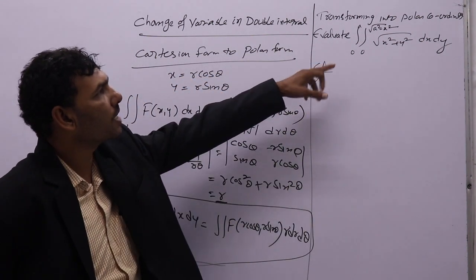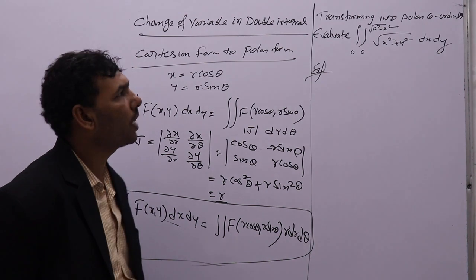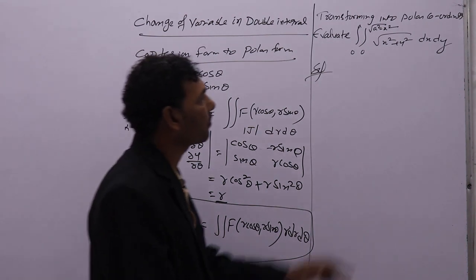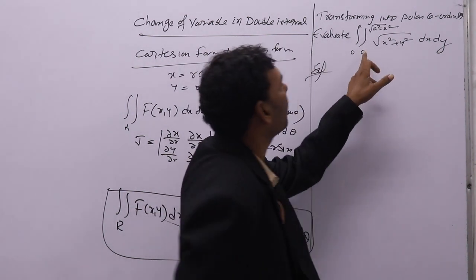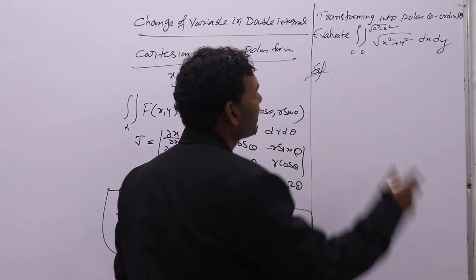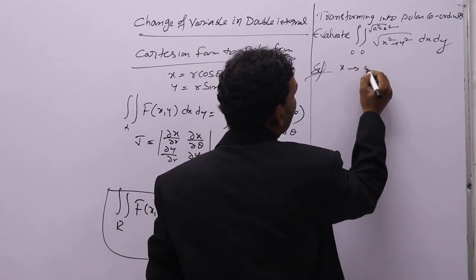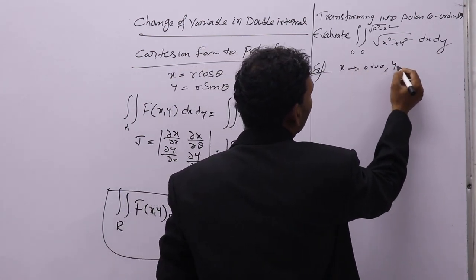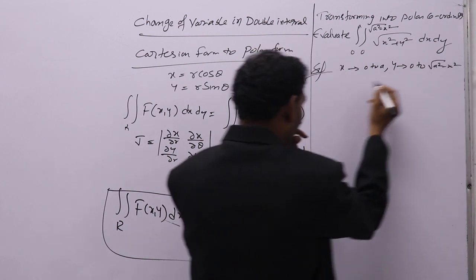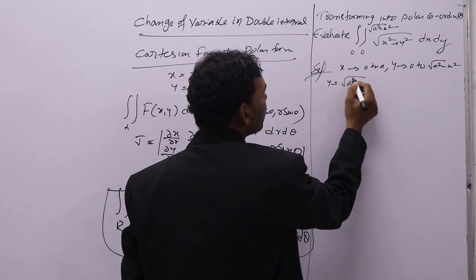Here these are limits in terms of x, and those are y limits. That means the given limits are: x from 0 to a, y from 0 to root a square minus x square. That means y is root a square minus x square.